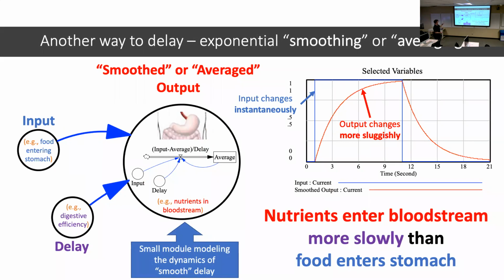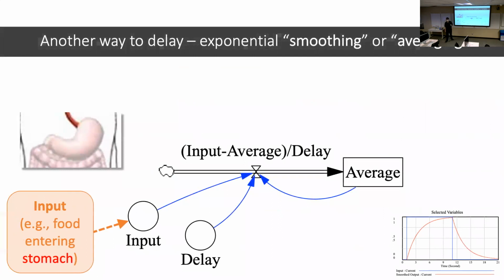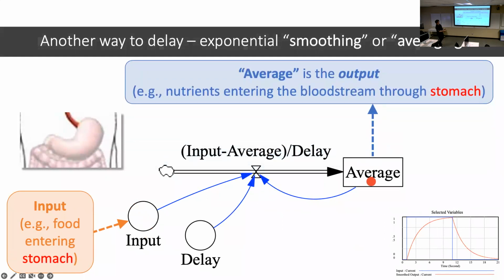I'll show you that there are shortcuts to this in Vensim and Insight Maker, but before we know them, behind the scenes in these shortcuts is this little module that is going to look a lot like our toilet model. So we have input, let's say food that comes into a stomach. We have the actual nutrients in the bloodstream coming out of the stomach.